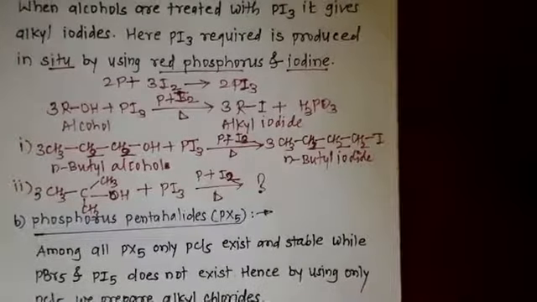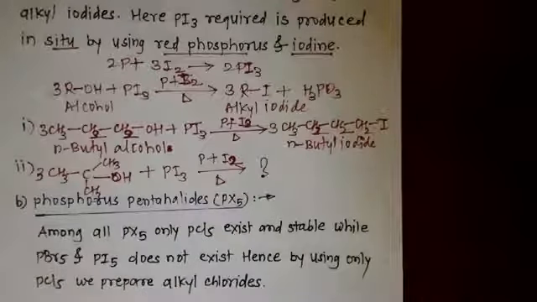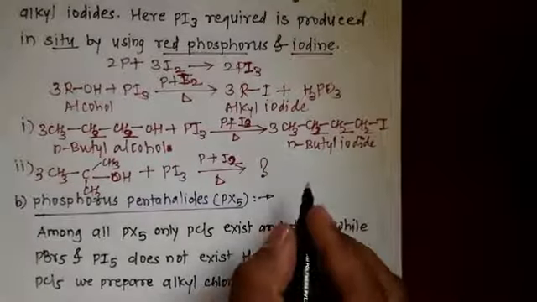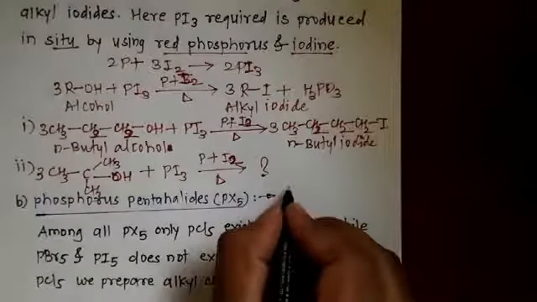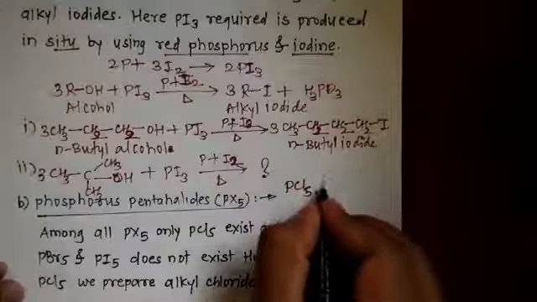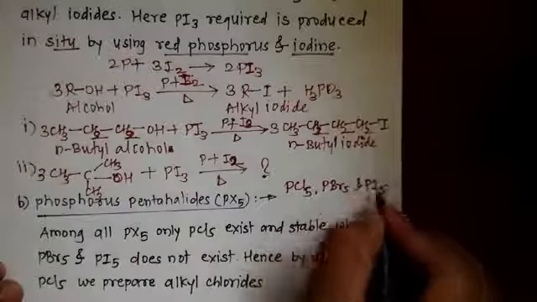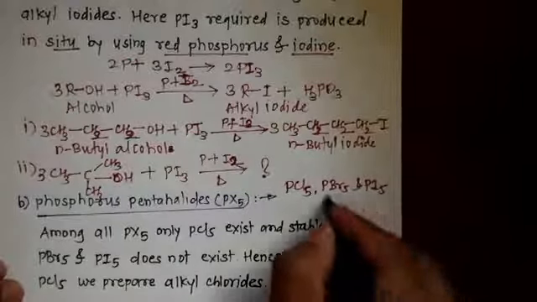Now again we turn towards the next method of preparation, that is preparation of alkyl halide by using alcohol and phosphorus pentahalide. We already saw at the starting of this video that there should be 3 types of phosphorus pentahalides, that is PCl5, PBr5 and PI5.